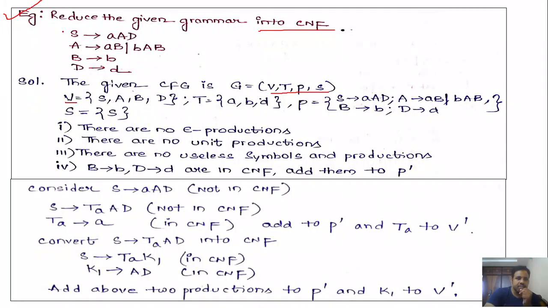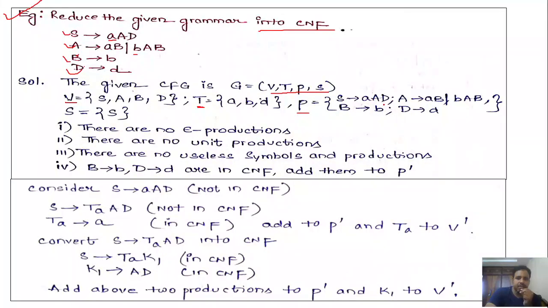V is equal to the set of S, A, B, D. Next, what is T? T is equal to the set of terminals small a, small b, small d. P is the set of productions, written separated by a comma or semicolon, whatever it may be. Generally we use semicolon.